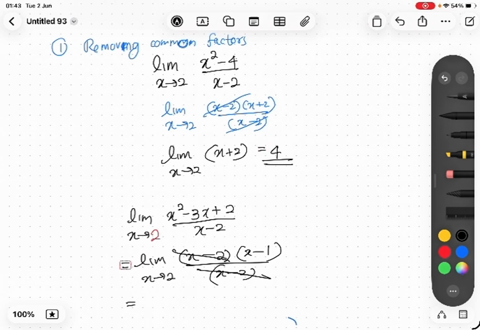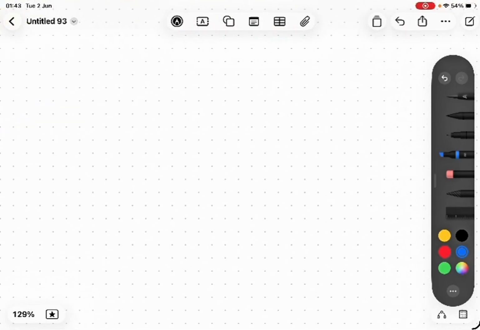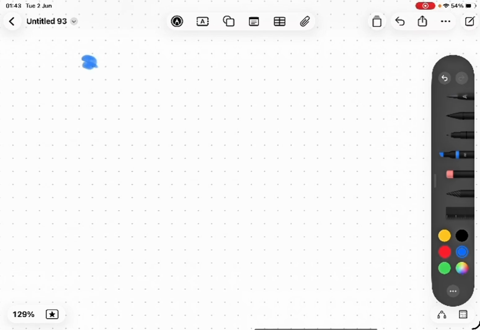Substitute 2 minus 1, which is 1. So the answer is 1. Clear? So that is our method number 1: removing common factors to avoid the undefined condition. Okay, and now question number 2.